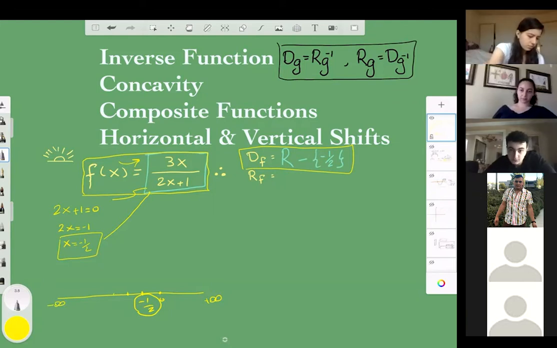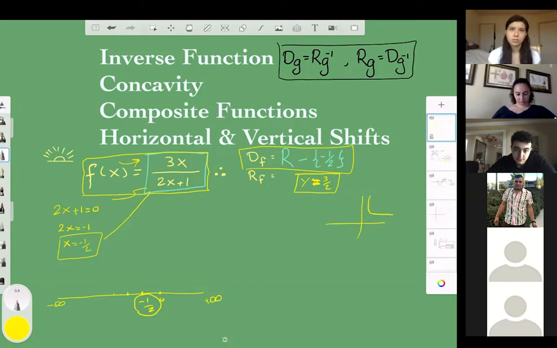Or all reals, in interval notation, x is greater than or equal to 3/2? Y greater than 3/2? No, just y equals 3/2. No, range, no. Good try. I mean, when we graph, for example, let's say we graphed the function, the graph was something like this. Good. So we are talking about the value of y. Those are the range.